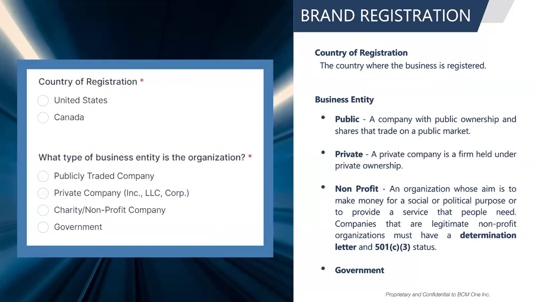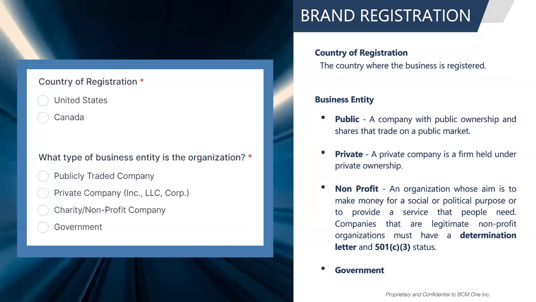Then we have the business entity. So for the business entity, it can either be public, which is a company with public ownership and shares that trade on a public market. Private, a private company is a firm held by private ownership. Then we have the nonprofit.